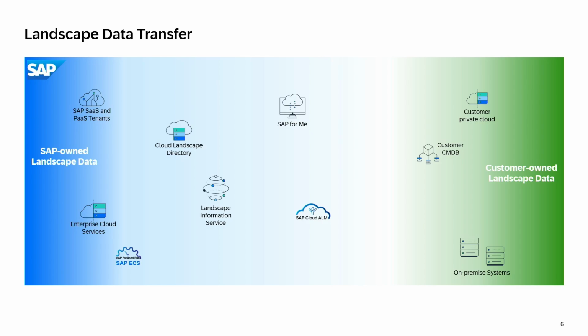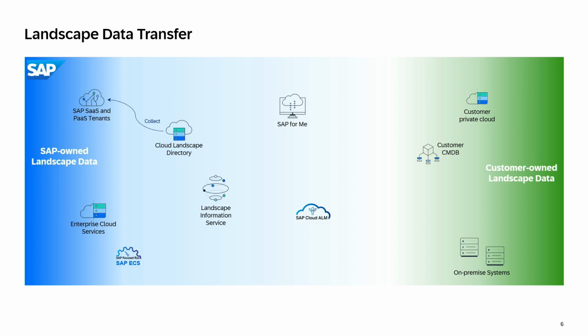And then we have customer-owned landscape data. This is, for example, your on-premise system. Yes, they are in the landscape information system, but technically, they're owned by you. And then we also have customer private cloud. Let's say you have your systems in AWS, not run by enterprise cloud services, but by somebody else. This would be a customer private cloud.